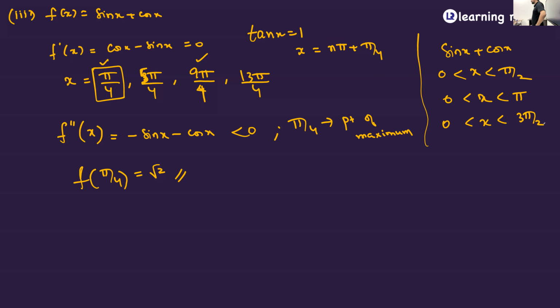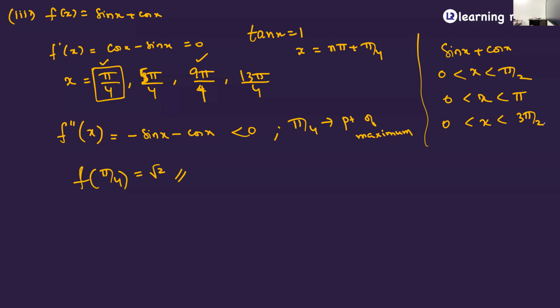Okay. So for sin x minus cos x, what is the critical point? The derivative of sin x minus cos x is cos x plus sin x, which is equal to 0. So cos x is equal to minus sin x. It happens in the second and the fourth quadrant.